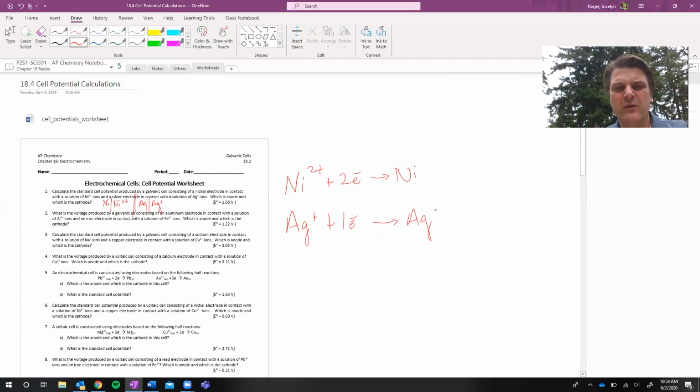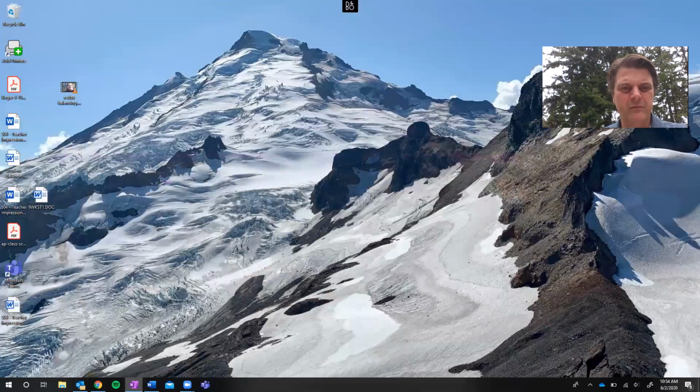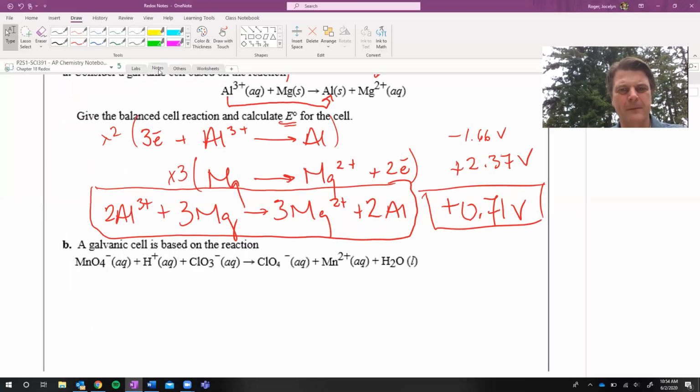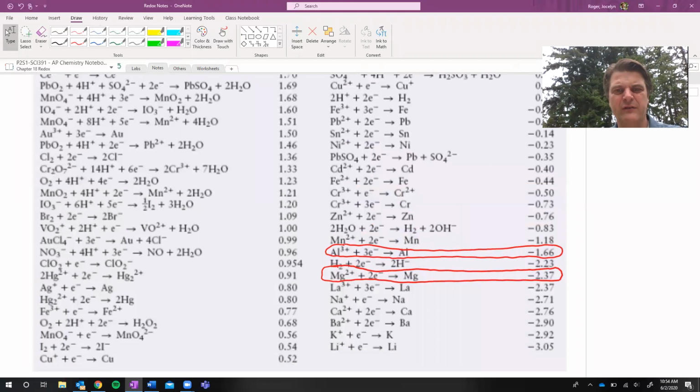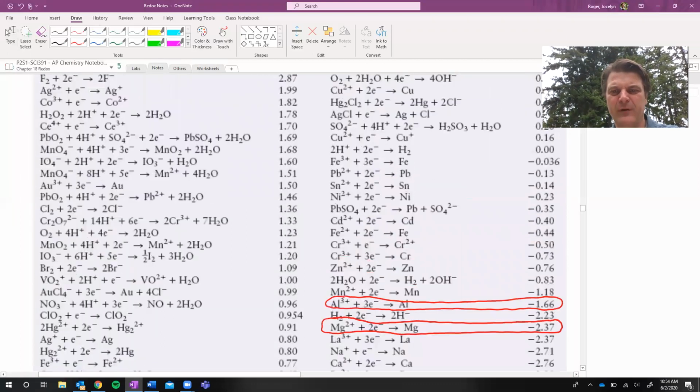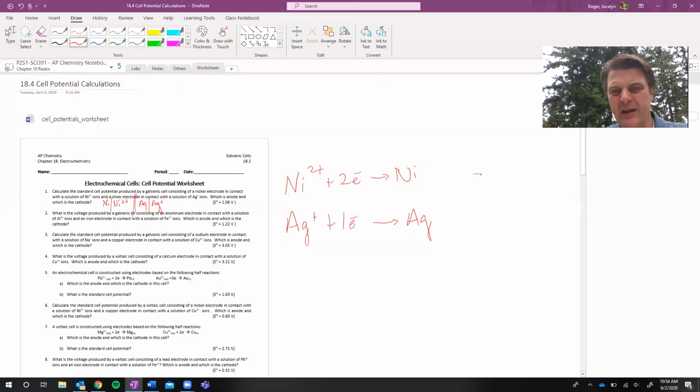So we're going to go back to our reduction potential sheet, and we're going to find these two half reactions. So the nickel 2+ plus 2 electrons that gives nickel is a negative 0.23 volts.